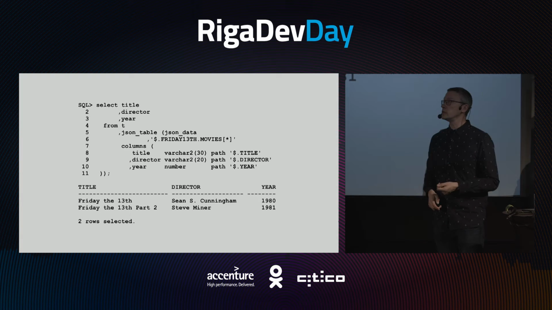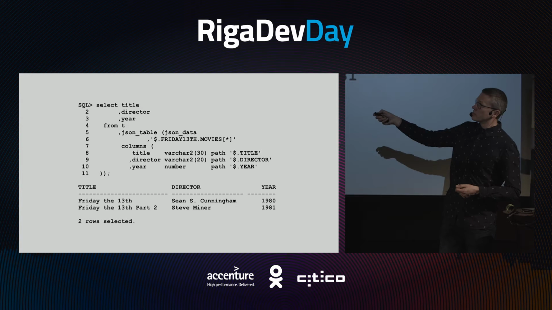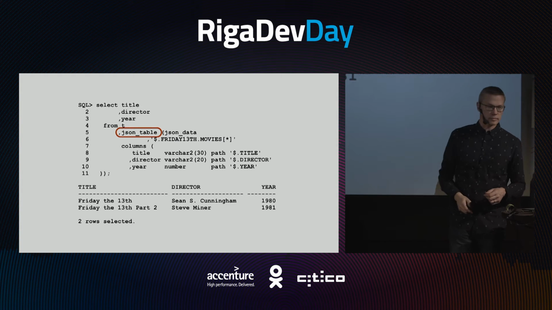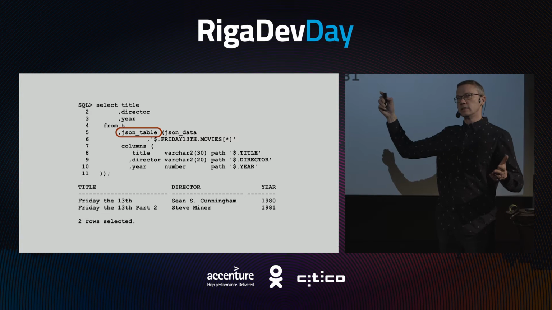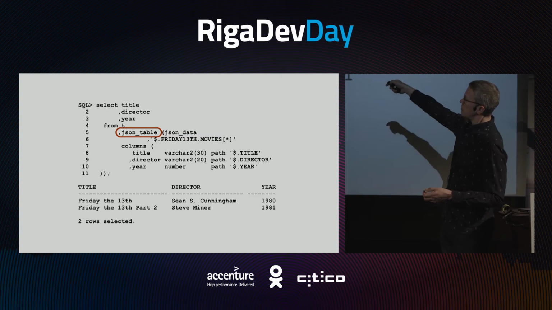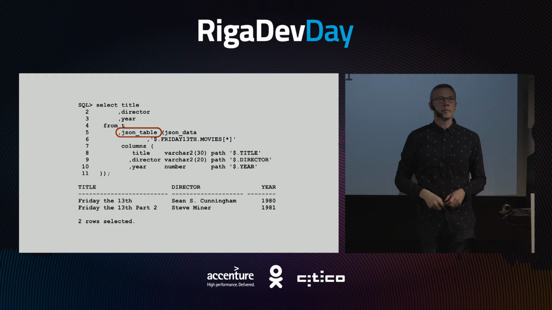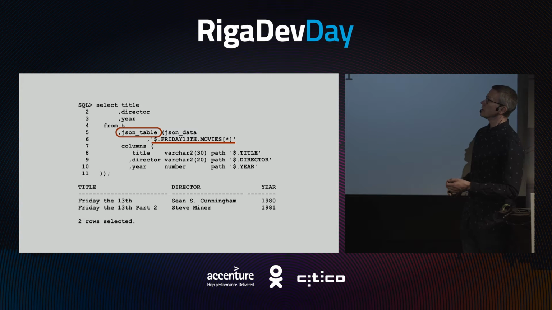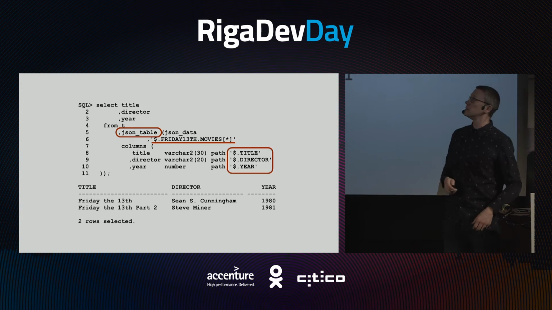In the from clause, you can use this as well. Just like XMLTABLE, you can use JSON_TABLE. You get this whole JSON object. It can be parsed using this column. Pretty common way if you've used XML before. Use the same expression. Use wildcards in there as well.